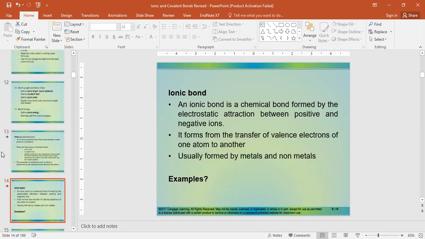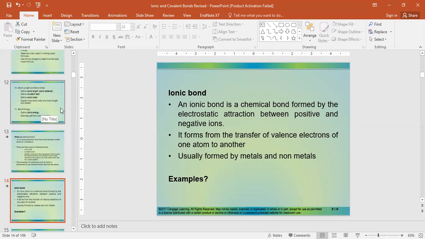And we start with the ionic bond. An ionic bond is a chemical bond formed by the electrostatic attraction between positive and negative ions. The difference between an ionic bond and a metallic bond is that in an ionic bond, we have a negatively charged ion and a positively charged ion, which attract one another.